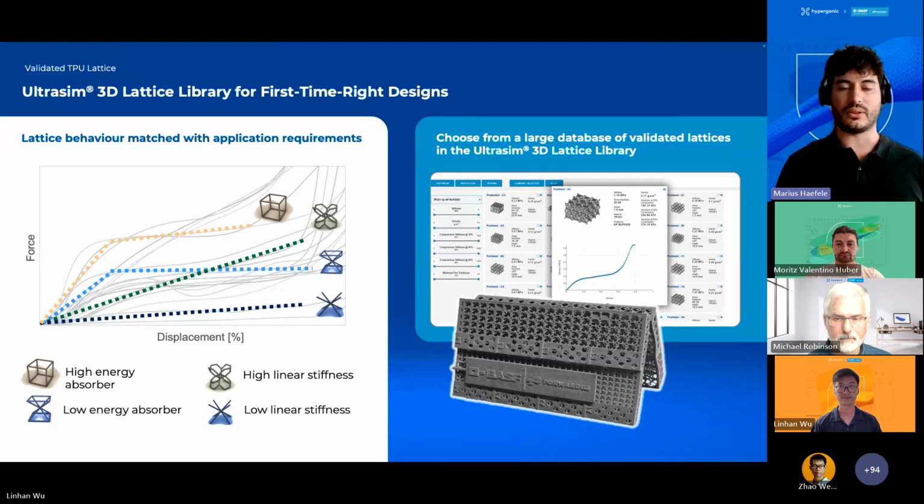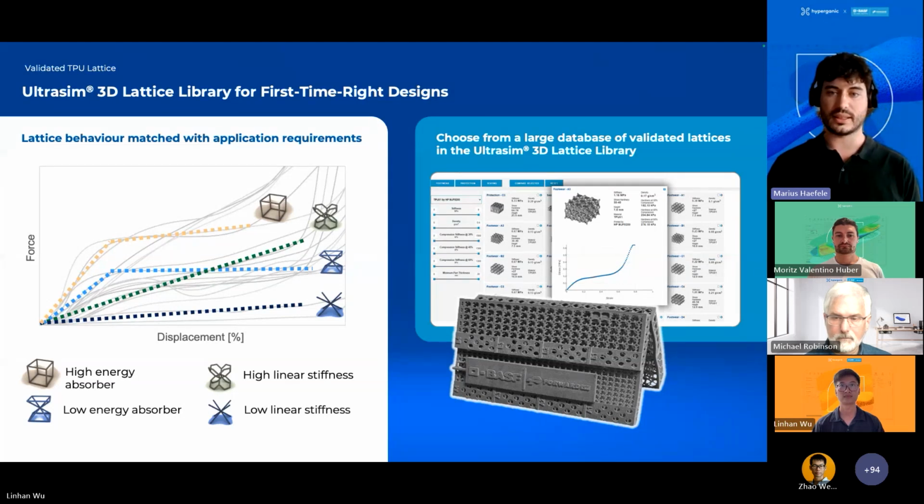So we tried to solve two things. On the first side, we came up with the UltraSim 3D lattice library, which is publicly available and contains the results of our lattice research over the past 5 years. It contains pre-selected, validated lattices that allow you to quickly filter what lattices work for what application.